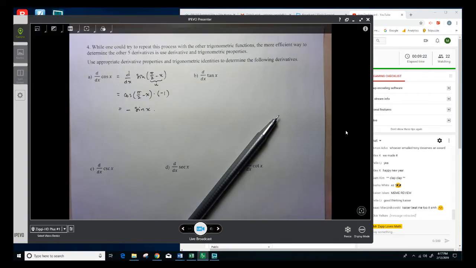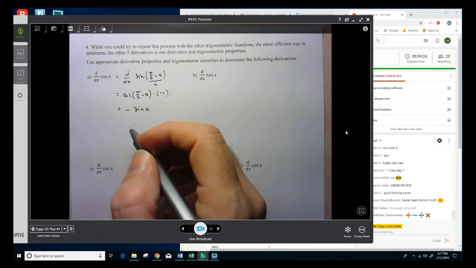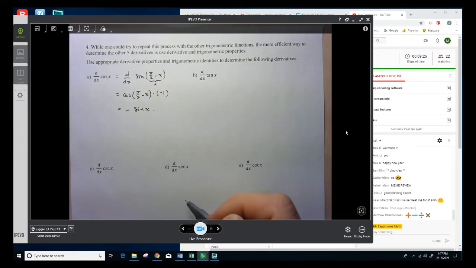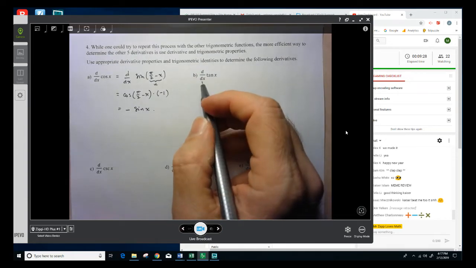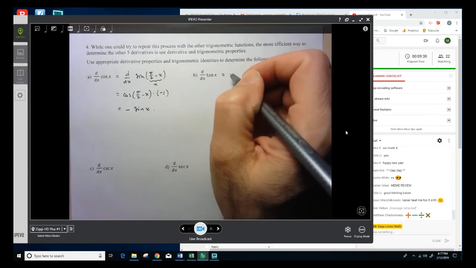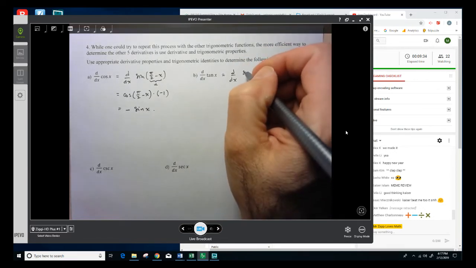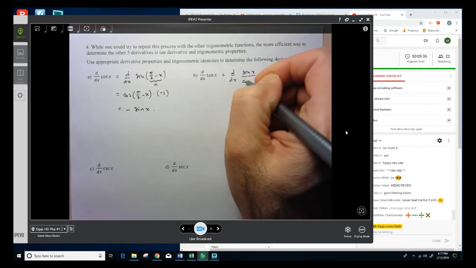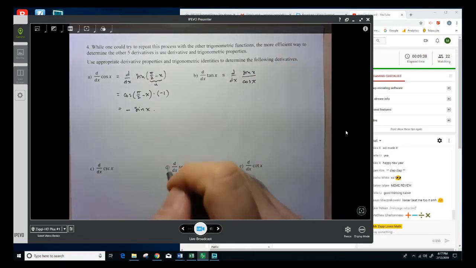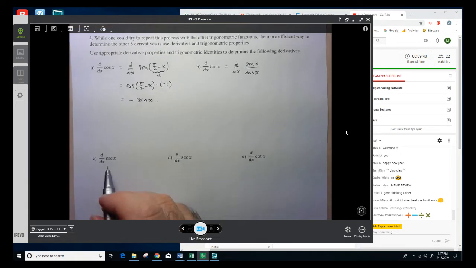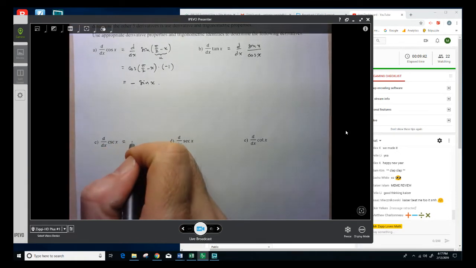From this point, we can now find all these other derivatives. What's the derivative of tan x? Well, we write it as the derivative of sine x over cos x. And then, what's the derivative of cosecant? Well, it's just the derivative of 1 over sine.